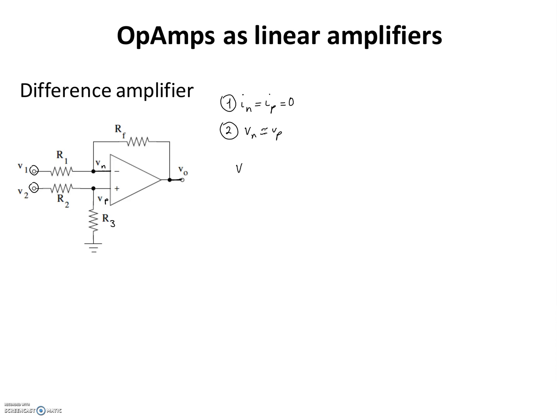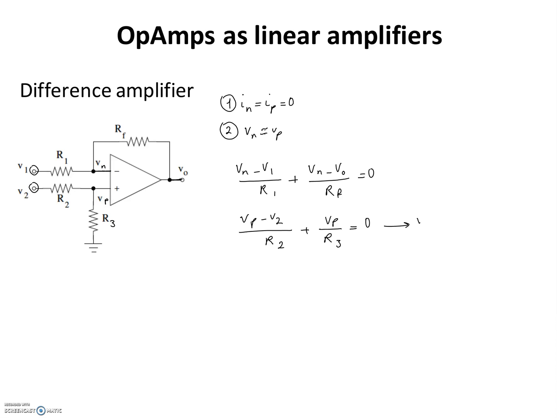So I'm going to write (VN minus V1) divided by R1 plus (VN minus Vout) divided by Rf is equal to 0. Also at node P, I have (VP minus V2) divided by R2 plus VP divided by R3 is equal to 0.